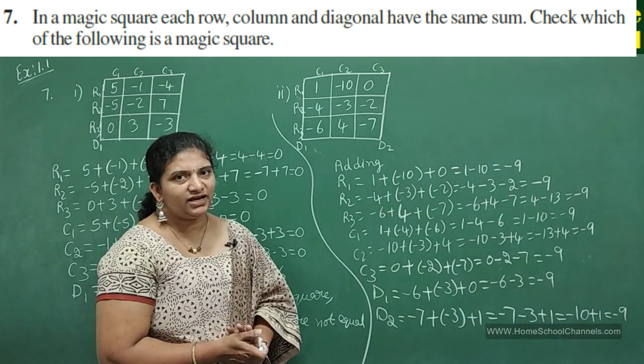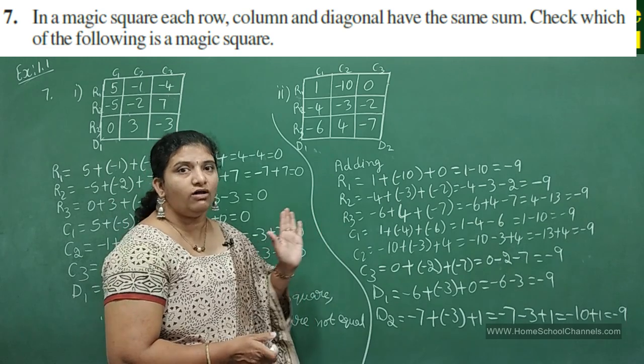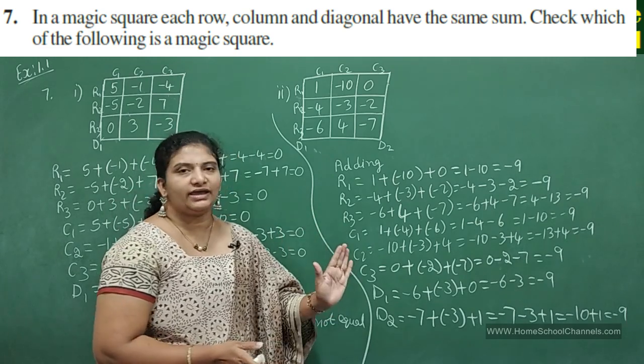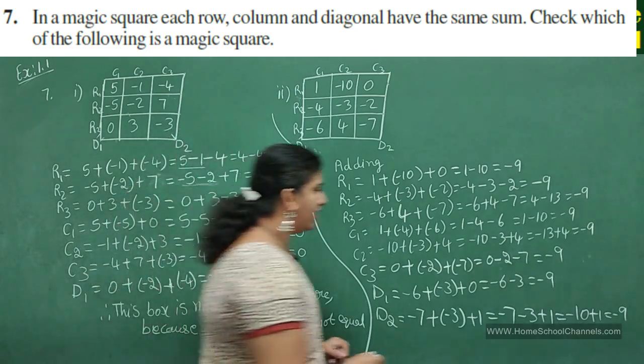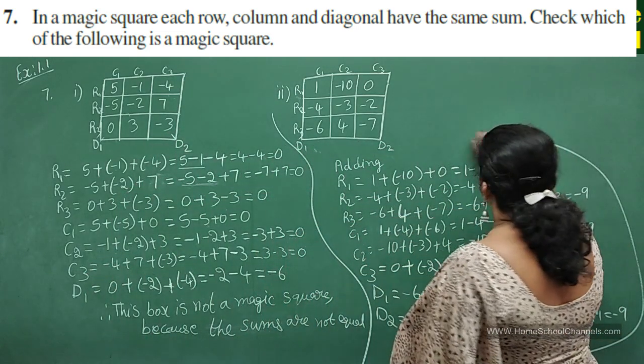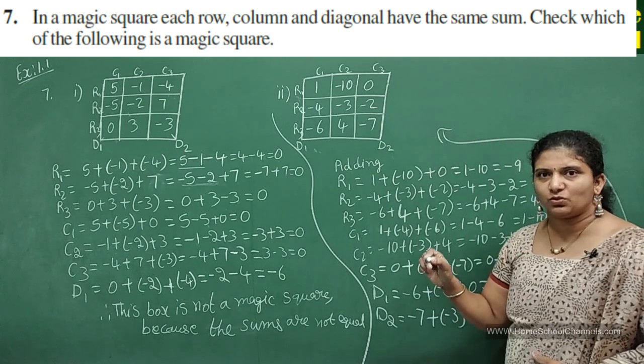What you can see here is, if you add all the rows, all the columns and the two diagonals, you get the same answer. So finally, what you can say here is the given box is a magic square.